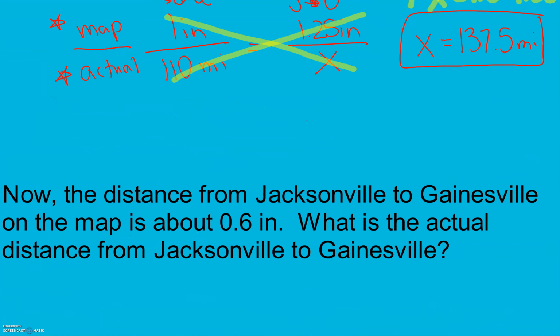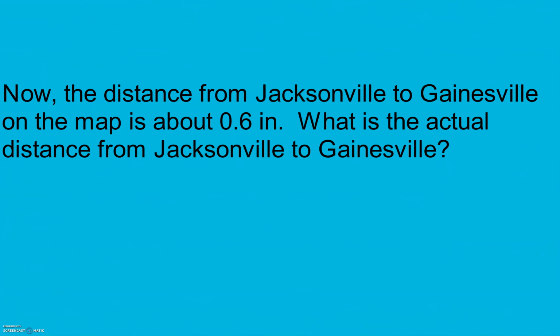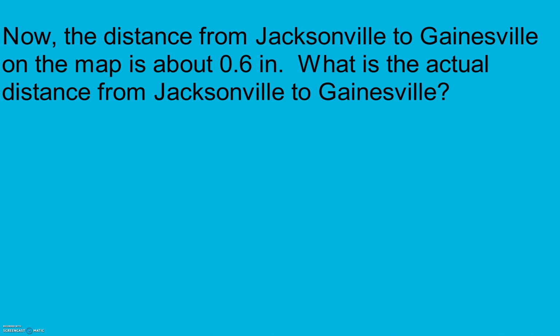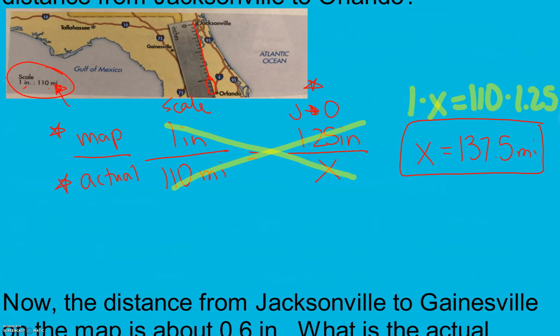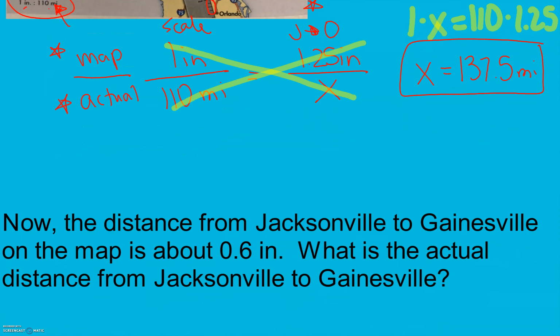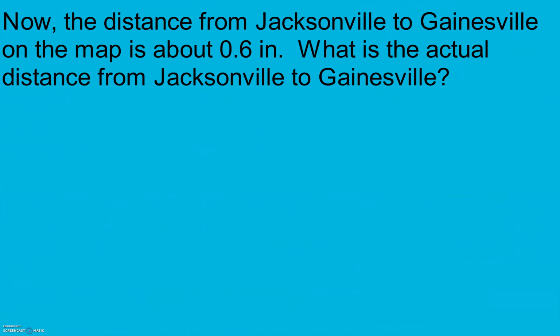Now, feel free to pause and give this a try. The distance from Jacksonville to Gainesville on the map is about 0.6 inches. What is the actual distance from Jacksonville to Gainesville? So again, it's the same map. Jacksonville to Gainesville, it's telling us is about 0.6 inches. So we're going to use the same scale here, 1 inch to 110 miles.